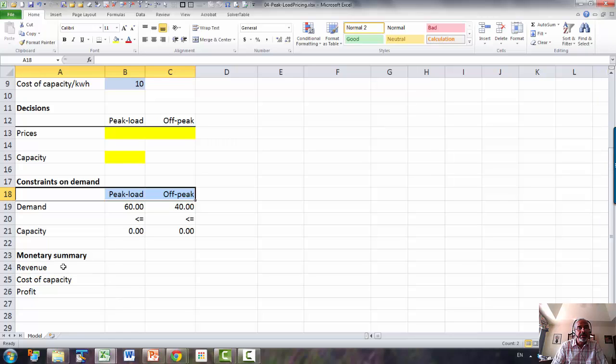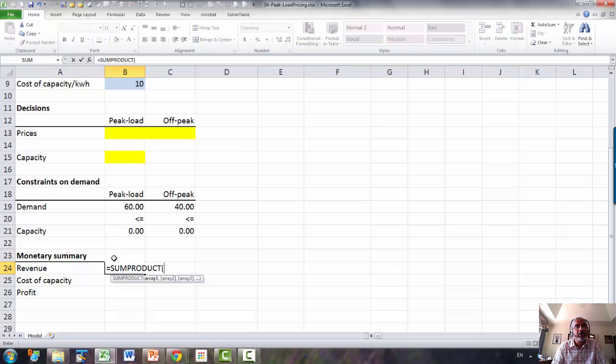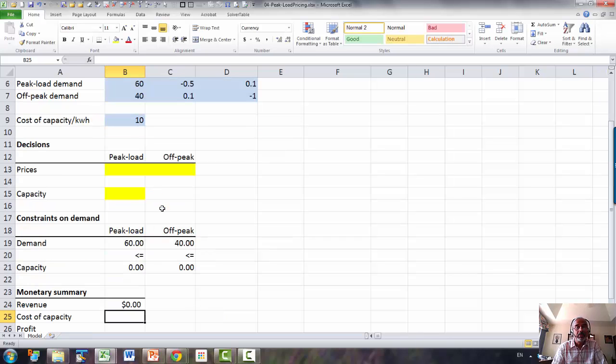Okay. Now monetary summary. What is the revenue? Revenue is the sum product of the demand with the price. Okay, let's give names.